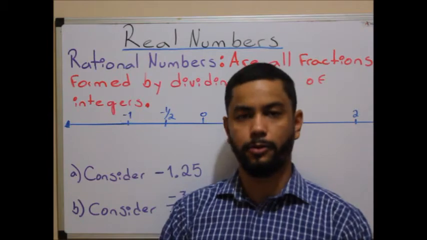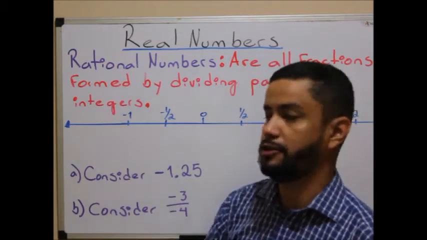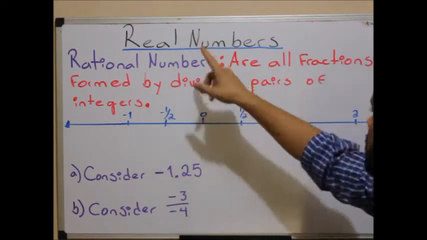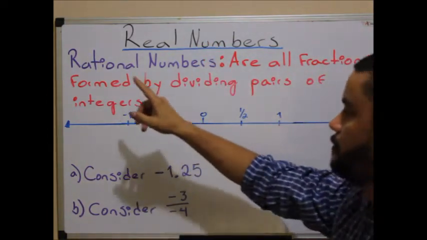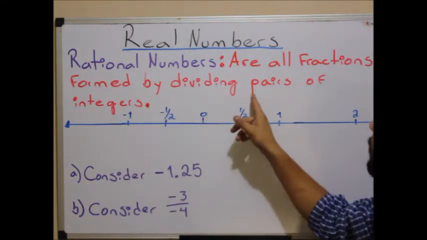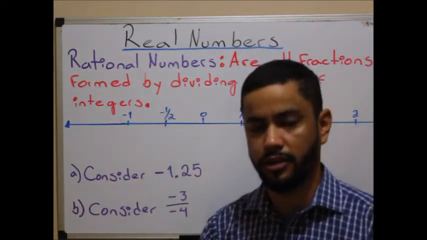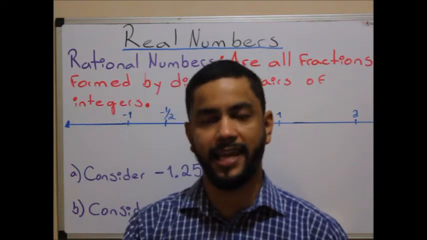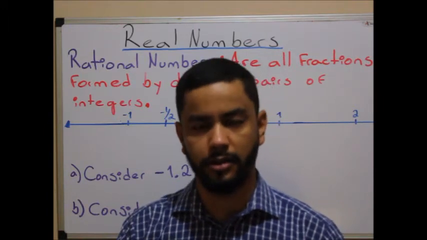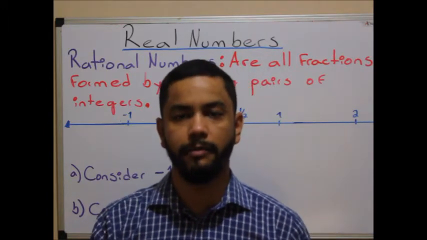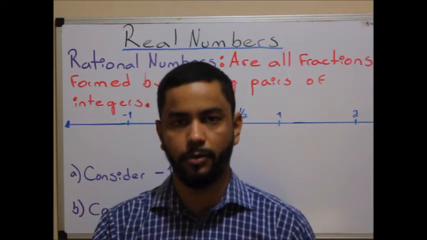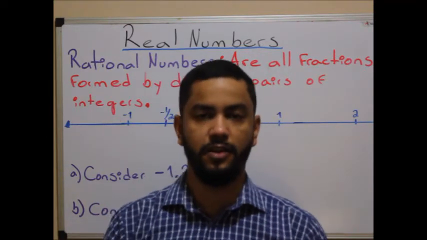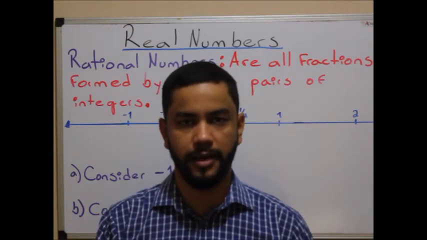Now let's focus our attention on the rational numbers, and we have the definition here. Rational numbers are all fractions formed by dividing pairs of integers but without including 0. We cannot divide a number by 0. 1/0, we can't solve that. -16/0, we can't solve that.